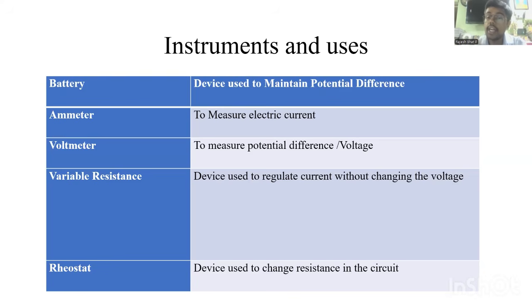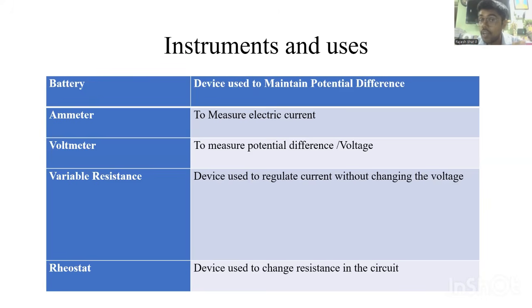Ammeter is always connected in series. Voltmeter is always connected in parallel. You can see in the recent preparatory for 1 mark they have asked. So this is how you should know all these instruments. This is there in textbooks. Variable resistance and rheostat also you should know. So these are the 5.